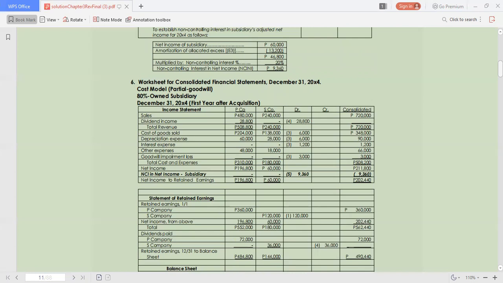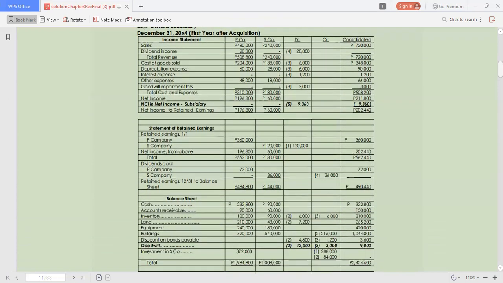But we have to eliminate in elimination entry number 1, and net income from above as computed in the previous table, 202,440, and we have now the total and the dividends paid to be deducted. Dividends paid of 72,000 paid by the parent, and the dividends paid by S company now eliminated.